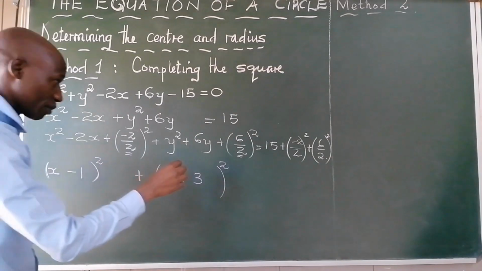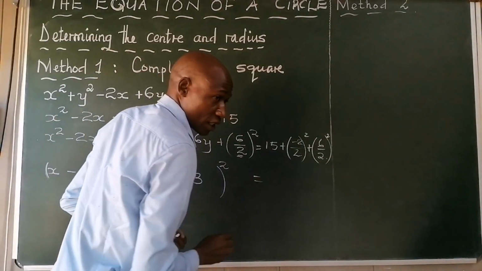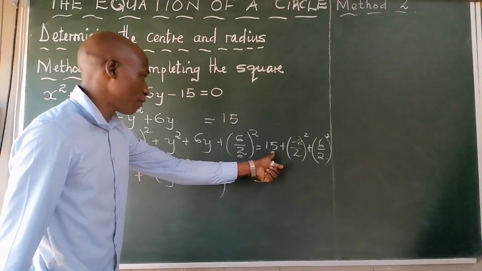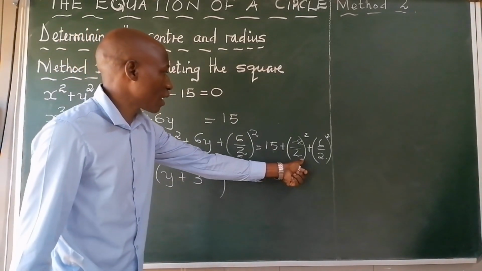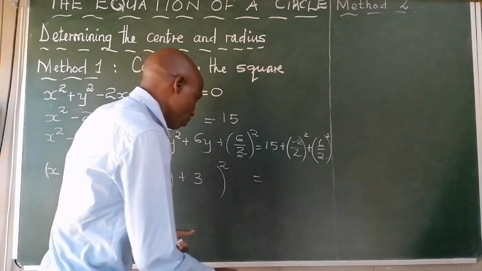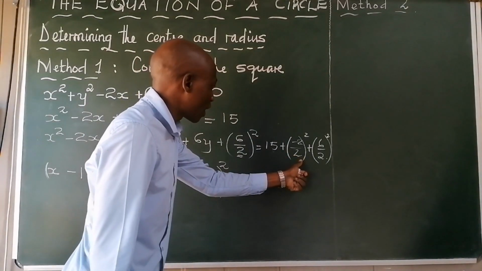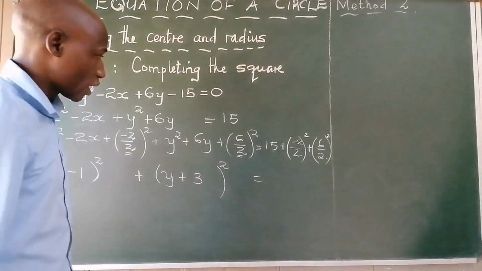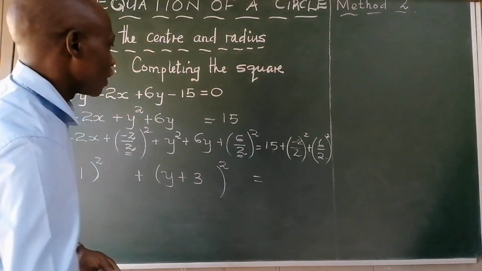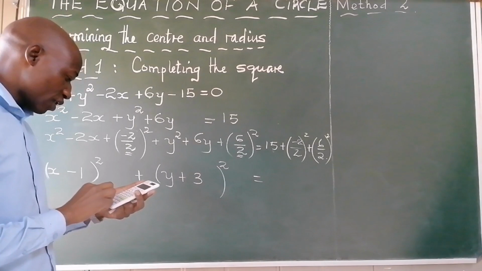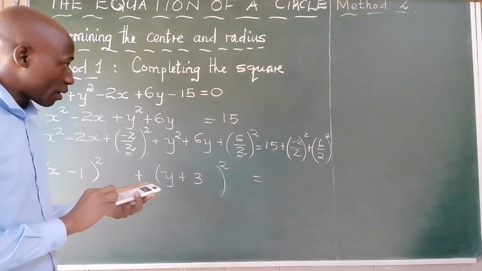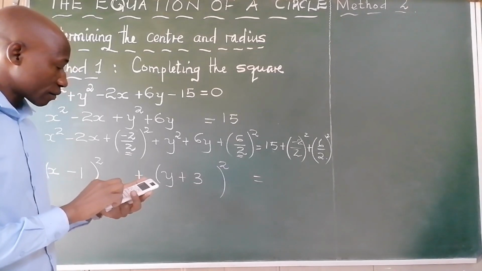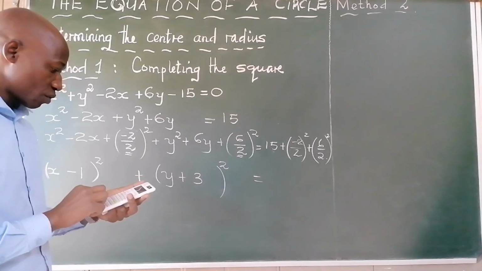Now the next step is to check in your calculator. You simplify 15 plus this one plus that. So this is going to be 15 plus 1 squared, and then plus 3 squared. So this is 15 plus 1 squared, which is plus 1.